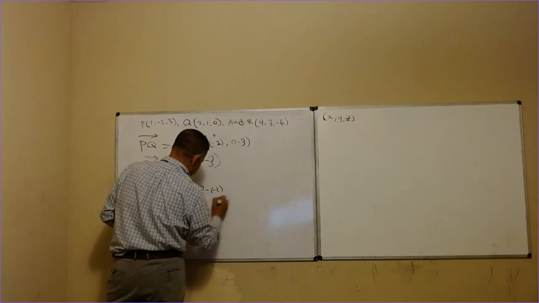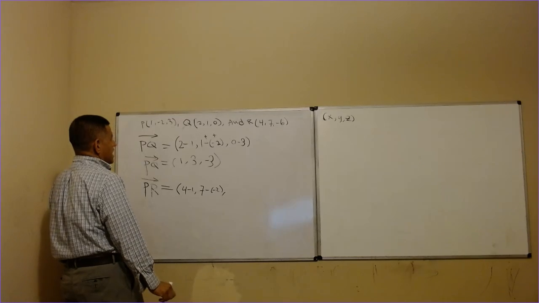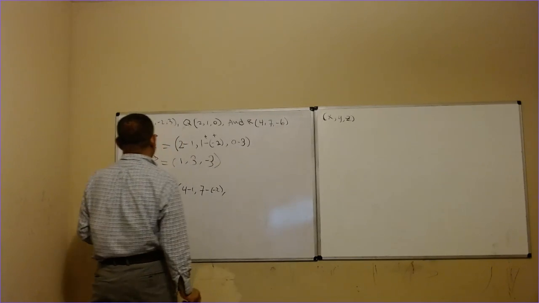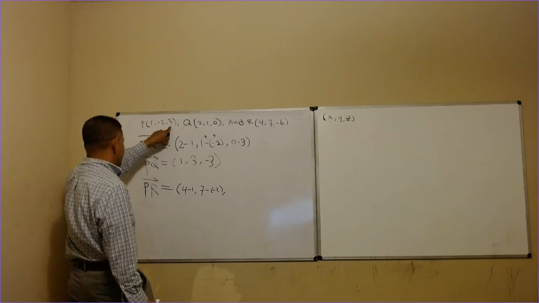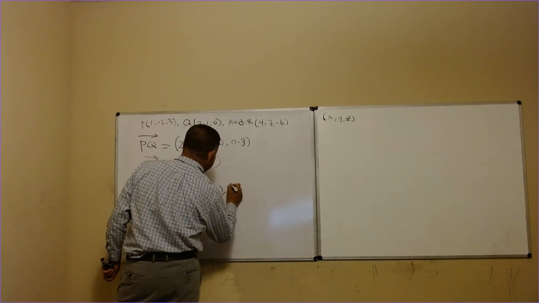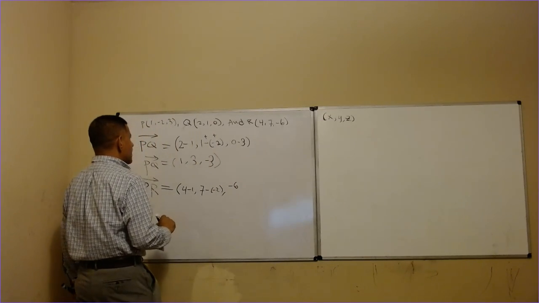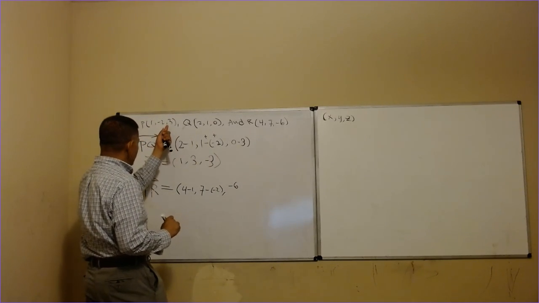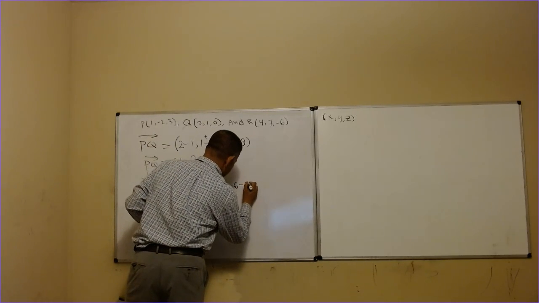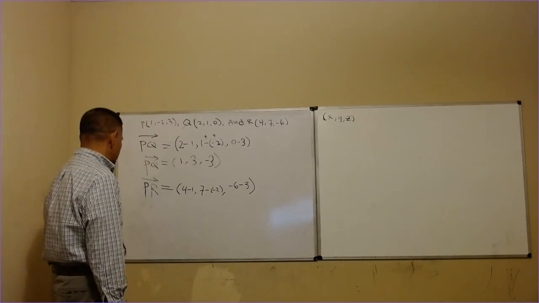Put a comma on it. Now, I got negative 6, negative 6 minus what? Minus 3. So I got negative 6 minus a 3. Close those parentheses. Do the math.